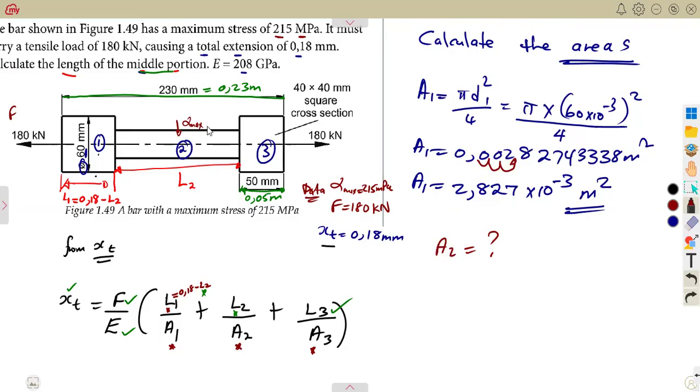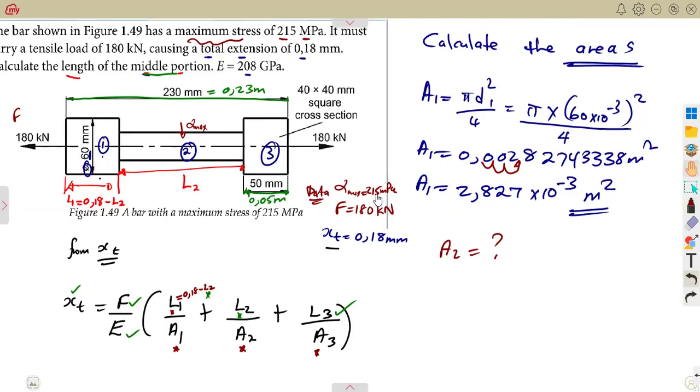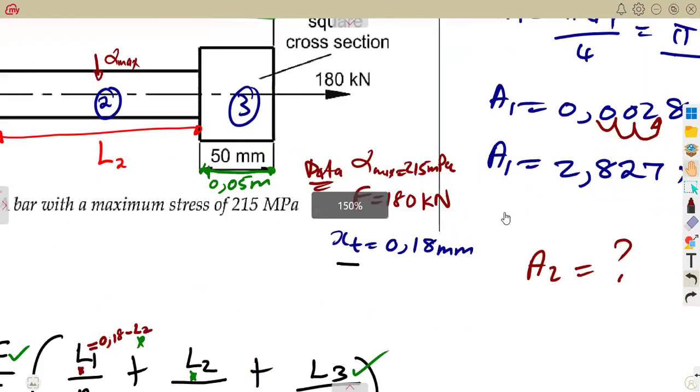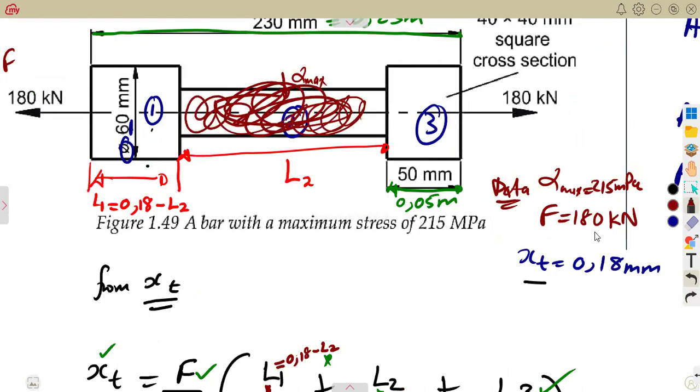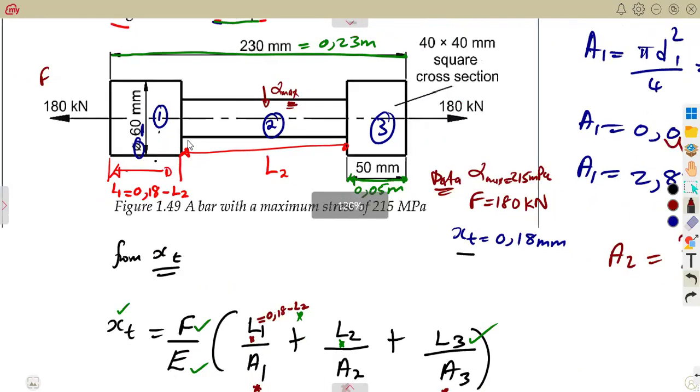But remember what I said about this maximum stress. Where does it happen? In the section that has got the smaller section according to the presentation. This is where we've got a smaller section, so that's where our maximum stress occurs. So using that and the force, because the force is given, remember the force is the same, are we not going to be able to calculate the area?